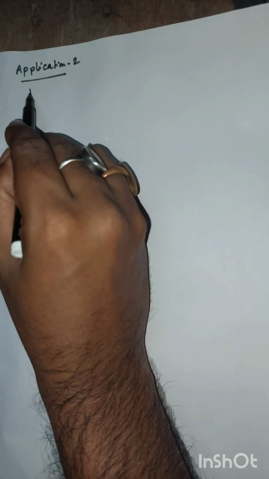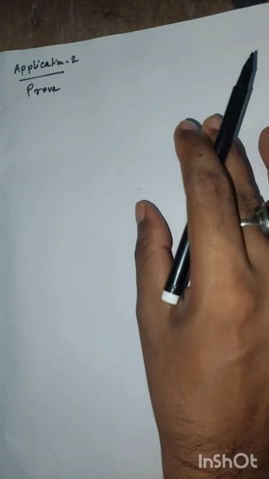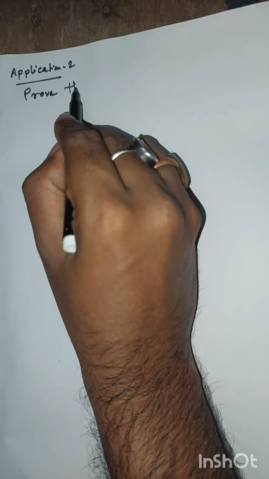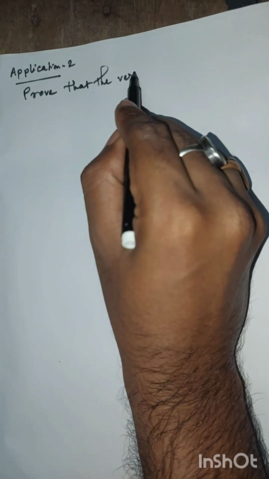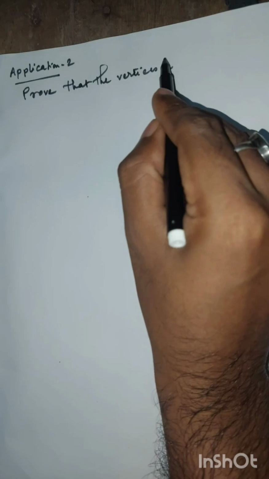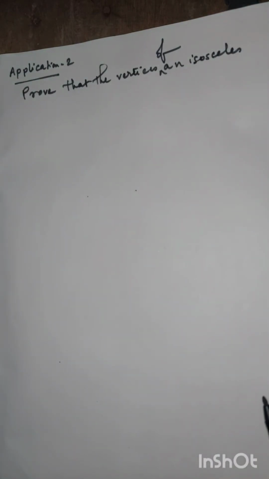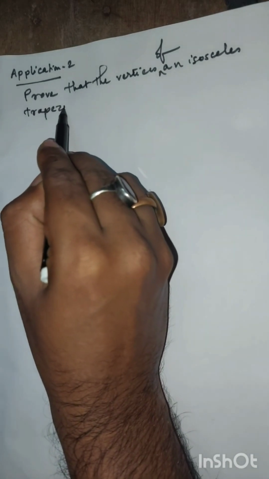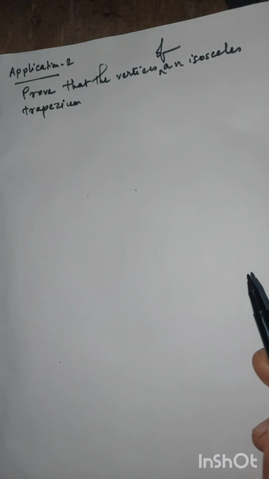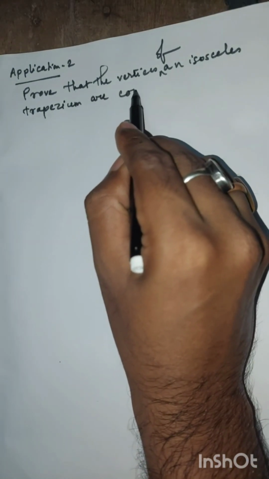It says, prove with reason that the vertices of an isosceles trapezium are concyclic. So we have to prove it.